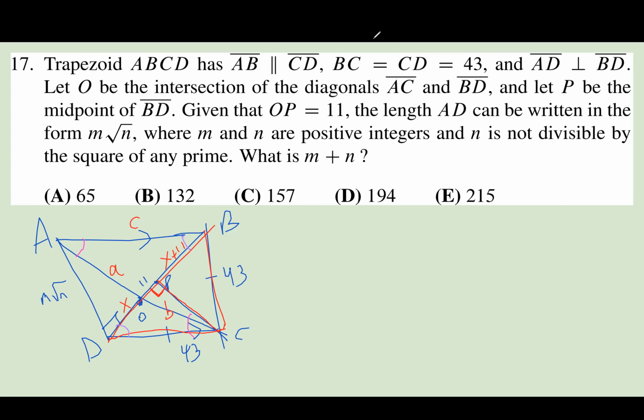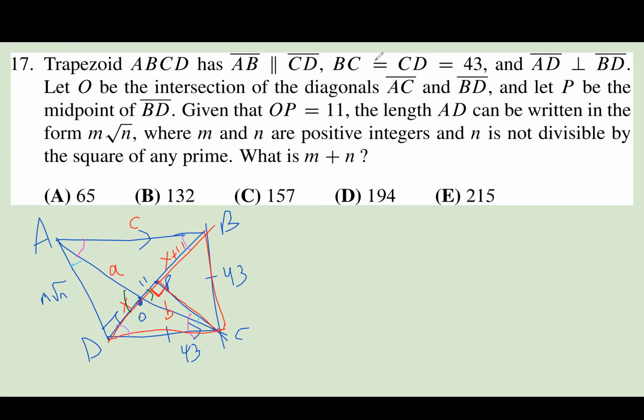Let me get a different color here. We have this angle equals this angle because they're vertical, and then you have two 90-degree angles. So triangle ADO is also similar to triangle CPO. So basically then this angle must equal this angle, right?